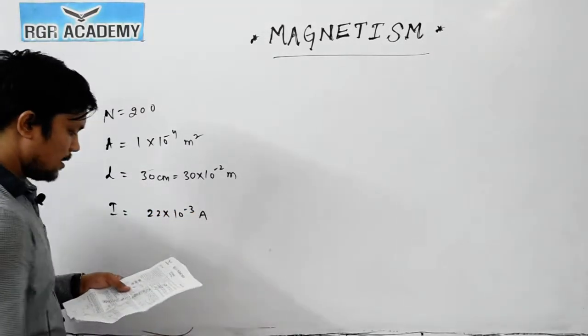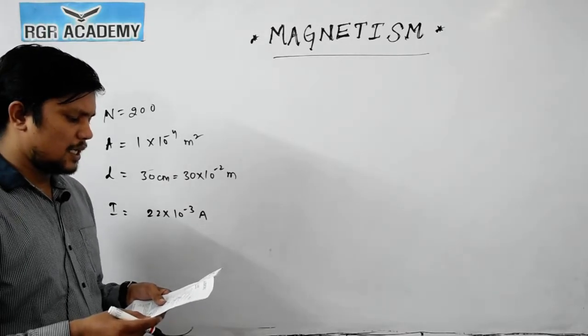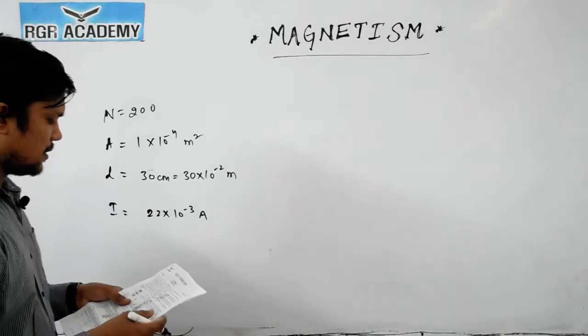After passing the current of 22 milliampere, means 22 into 10 to the power minus 3 ampere, through the coil, the equilibrium is restored by putting an additional counterweight of 60 milligram.